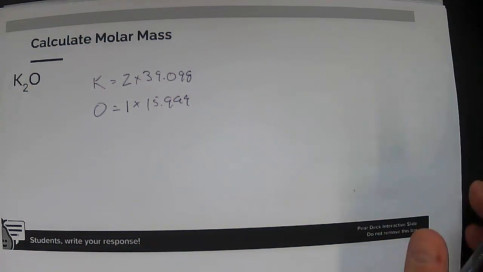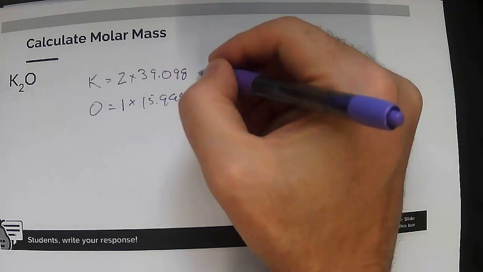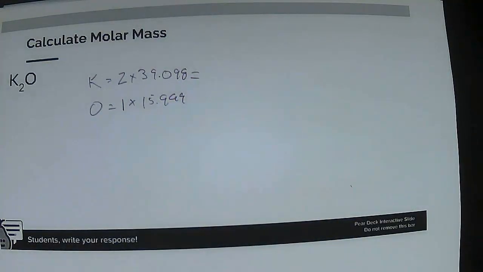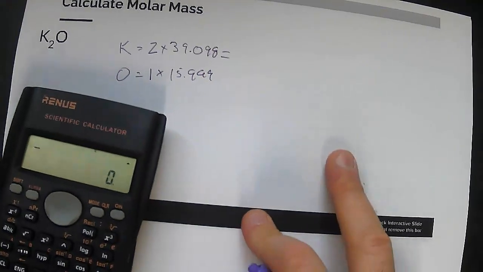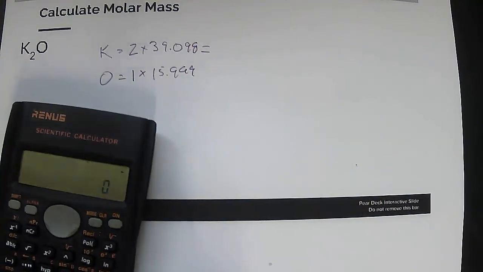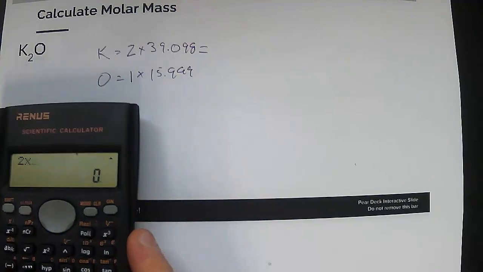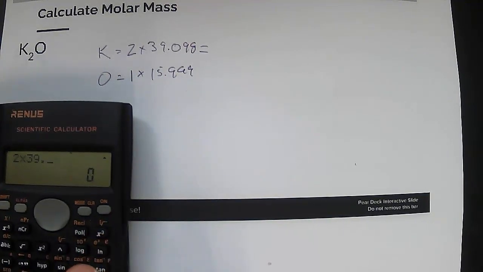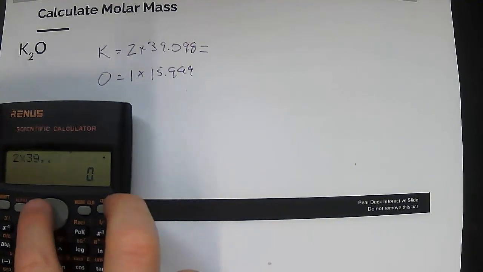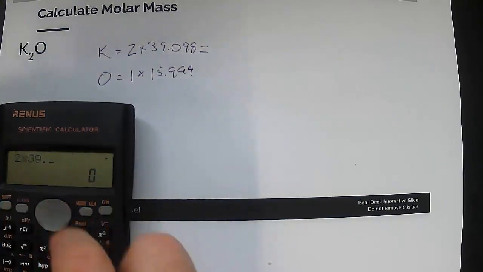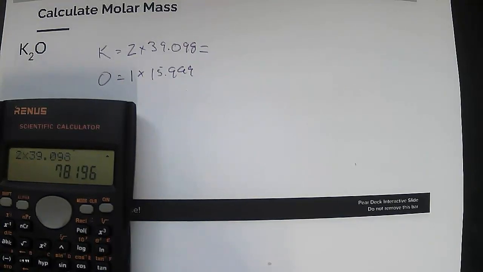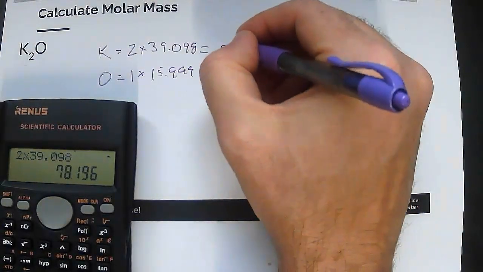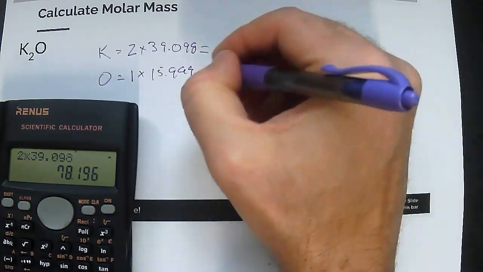You can't get away from oxygen. So now we do the math. 2 times 39.098. So it's 78.196.